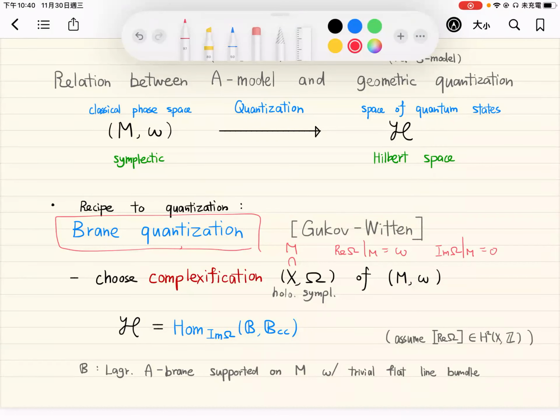So basically, this is what they mean by the complexification.